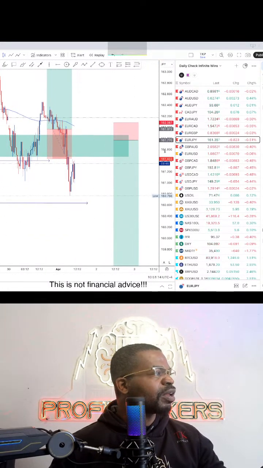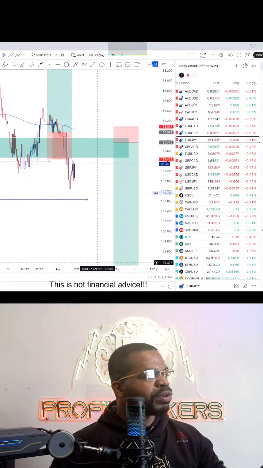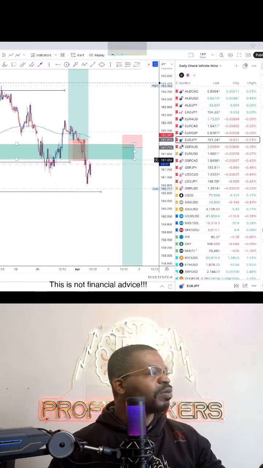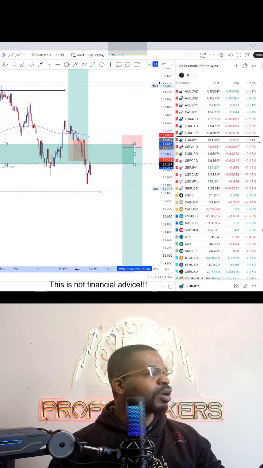Oh yeah, let's get in that. This is a key level we were taking a look at on Euro JPY. So with these key levels, what I do is I identify these areas where we have these multiple rejections in the market like this.